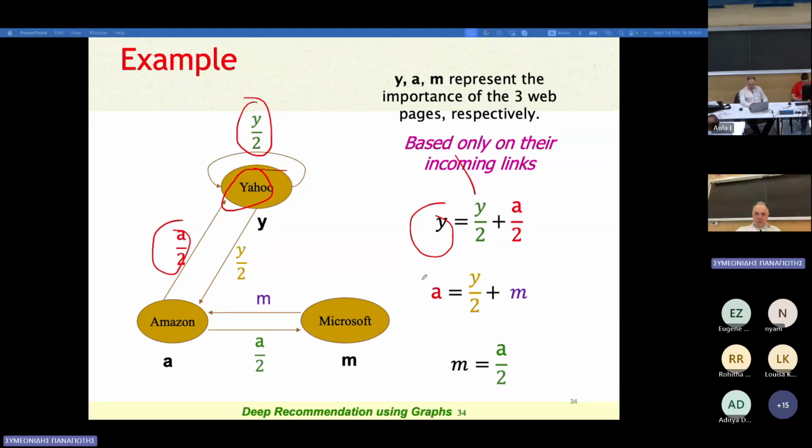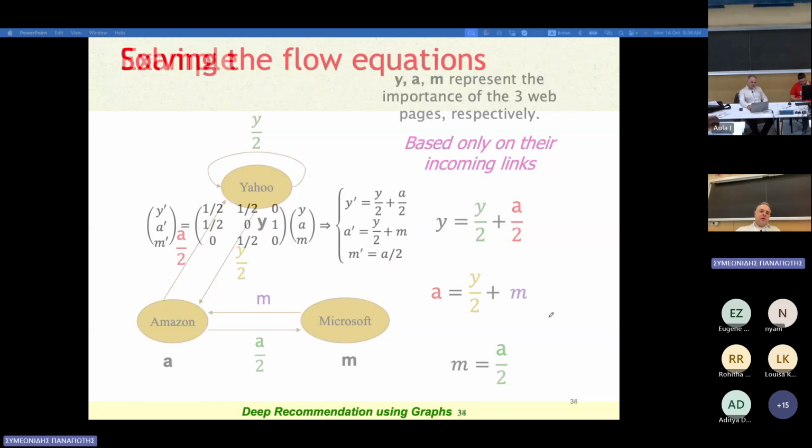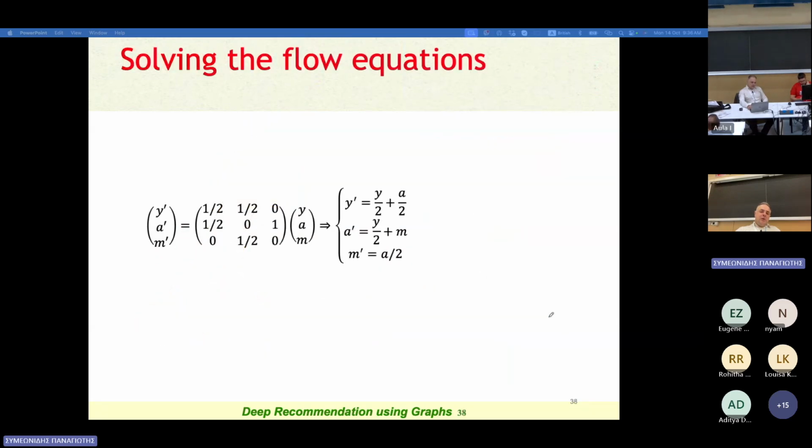For Amazon, you can see there is the incoming link that comes from Yahoo and the Microsoft link. So this is how we infer the importance. Since we have a simple example, we can solve it easily.